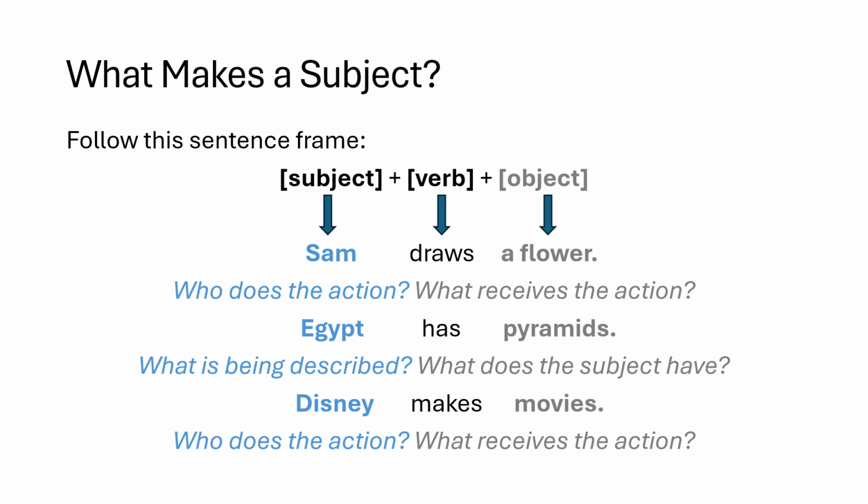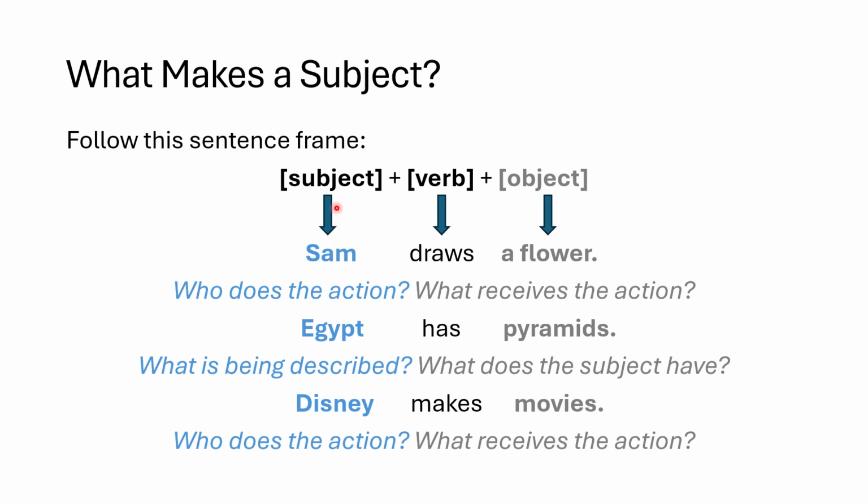Follow this sentence frame. Subject plus verb plus object. Sam draws a flower. Who does the action? The subject, which is Sam. Egypt has pyramids. What is being described?